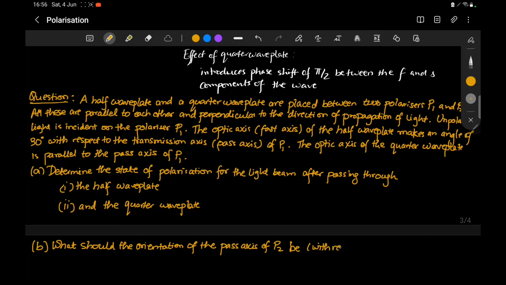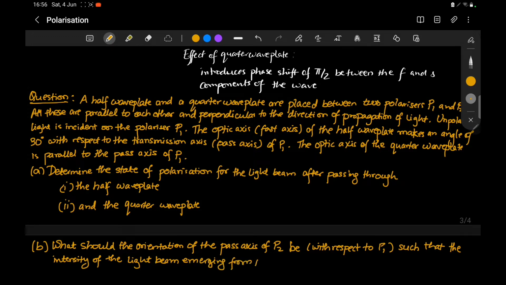This is with respect to P1 such that the intensity of the light beam emerging from P2 is maximum.